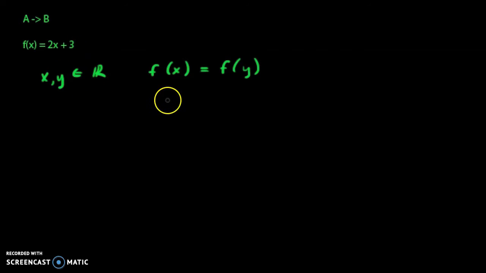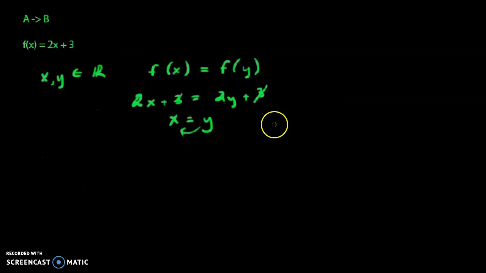So we plug in the values: 2x plus 3 is equal to 2y plus 3. We simplify and cancel out the 3, and it ends up being x equals y, which proves that for any y, we're going to get at most one x mapping onto it. Okay, so we proved that it's injective.